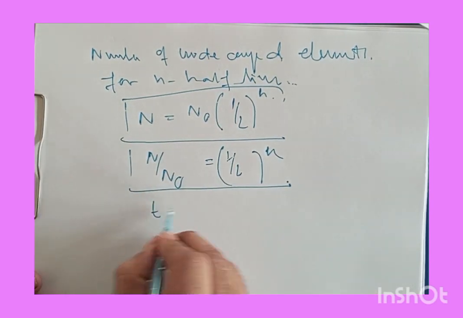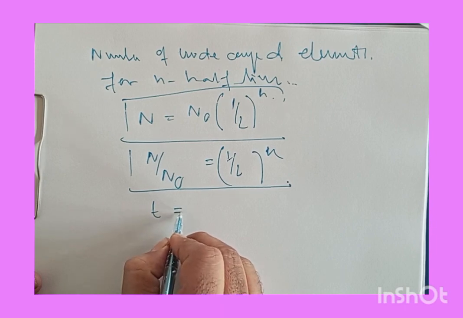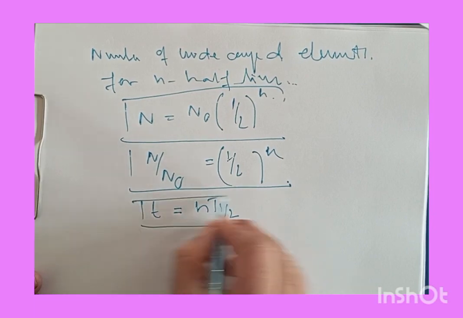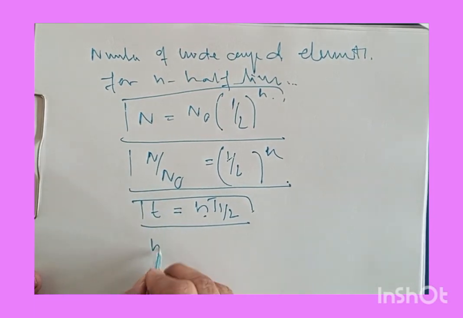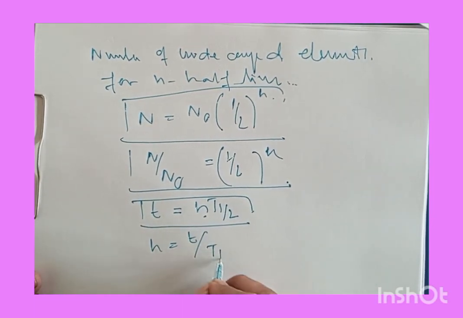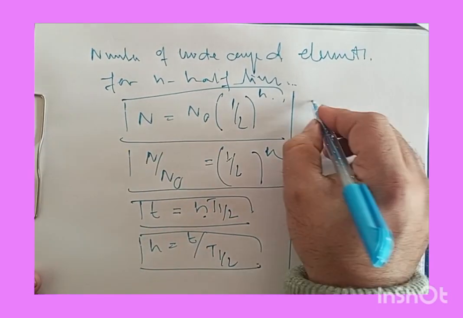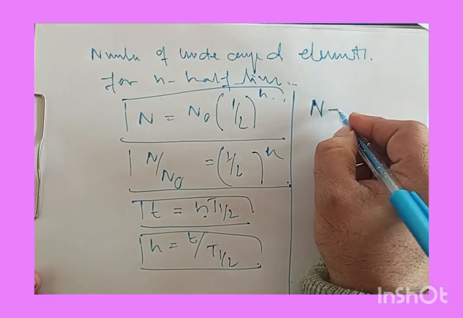And for t equal to n times t half, what will be n? n will be t by t half. So what we obtain from here is the number of undecayed nuclei.